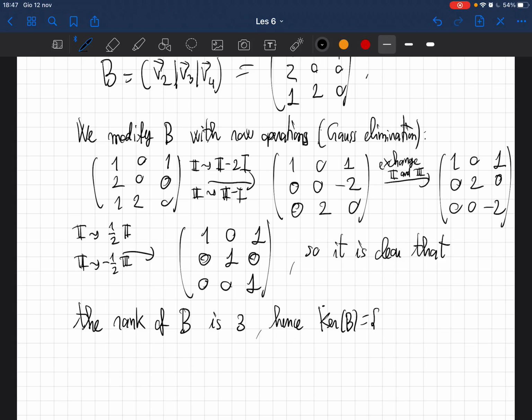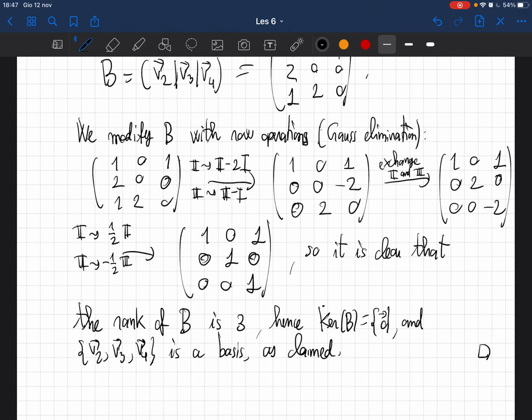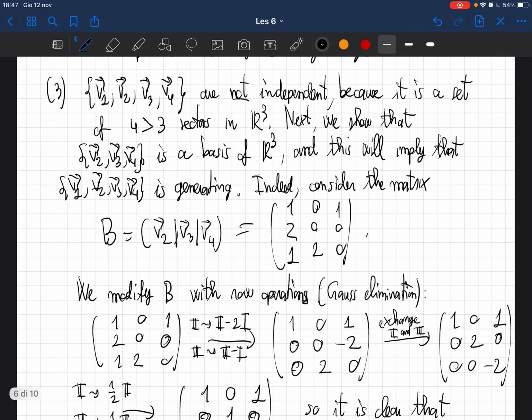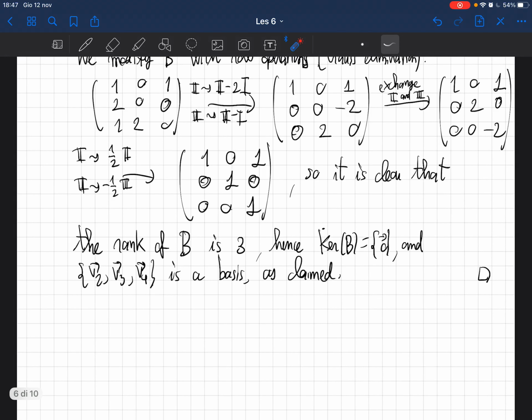B is equal to 0, and V2, V3, V4 is a basis as claimed, and it's okay. Then this is the proof that this is a basis, but we've already said that if this is a basis, then the bigger set is going to be generating, so it's perfectly clear.